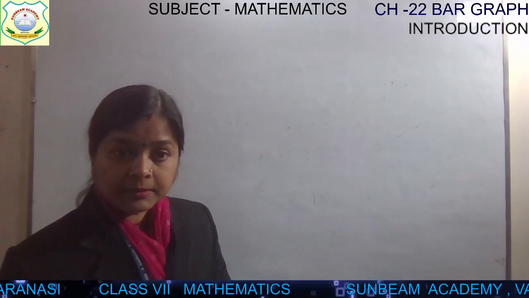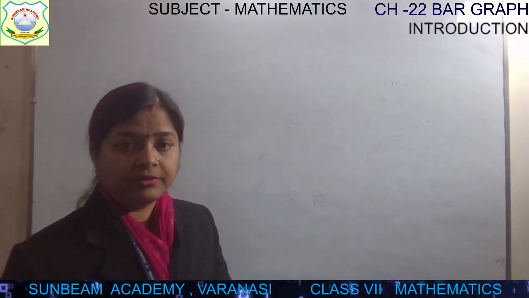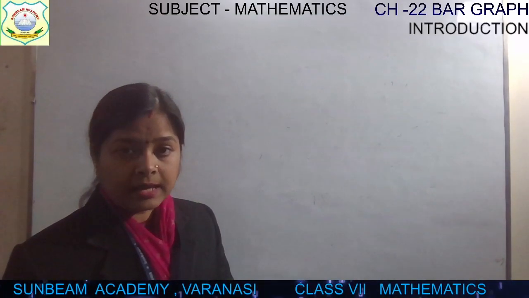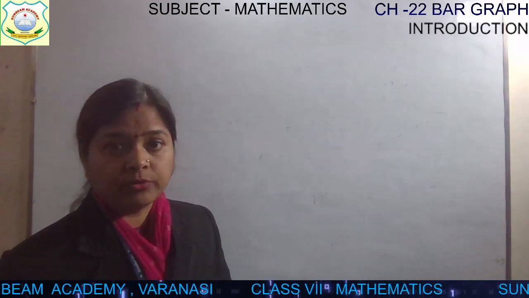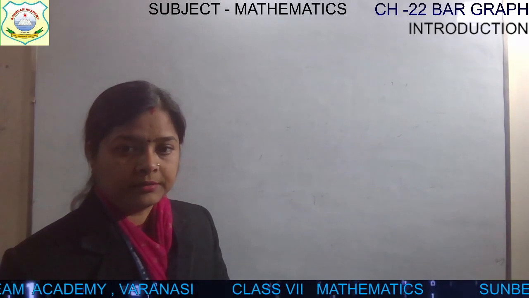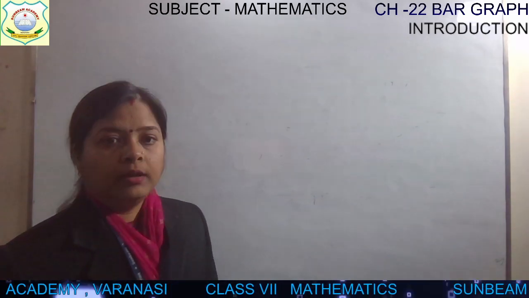First of all, let's see the definitions, children. So for that we have to go to the definition. Let me arrange the definition for you and then we will start. Okay, so now what is a bar graph, children?